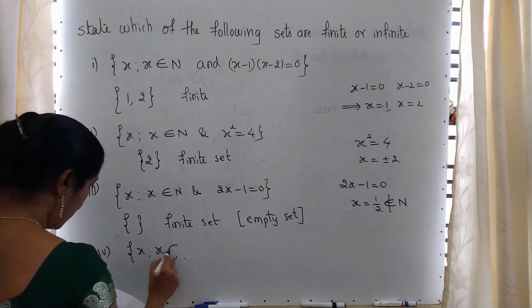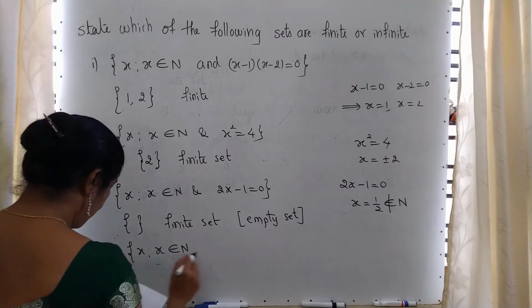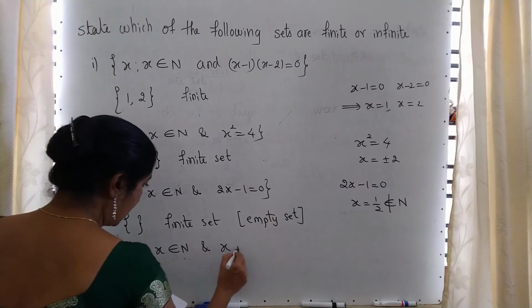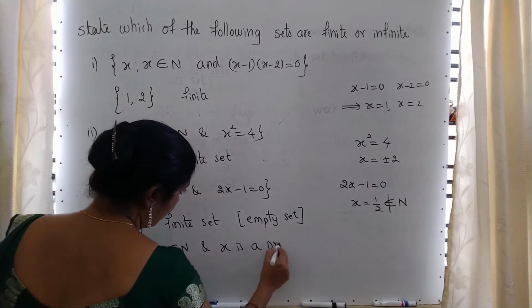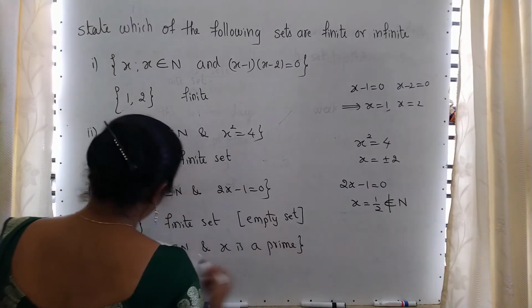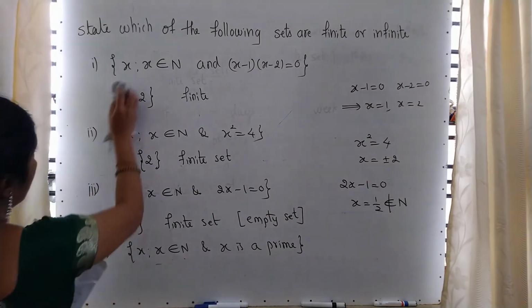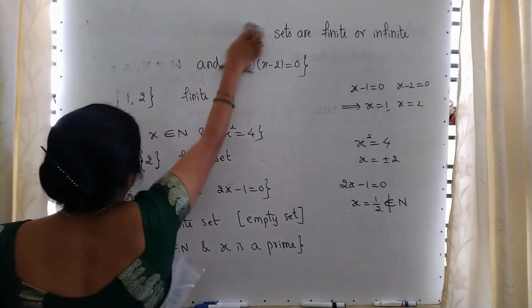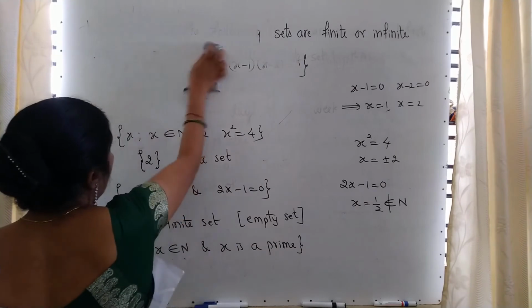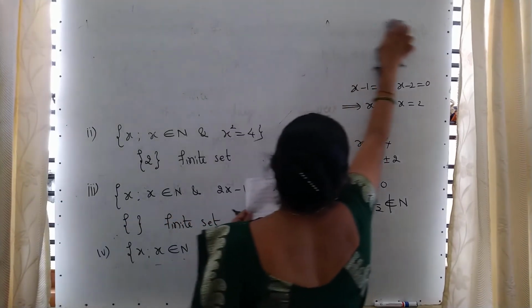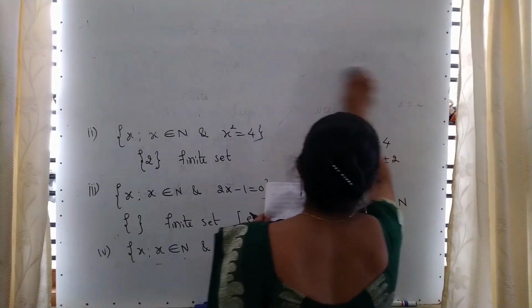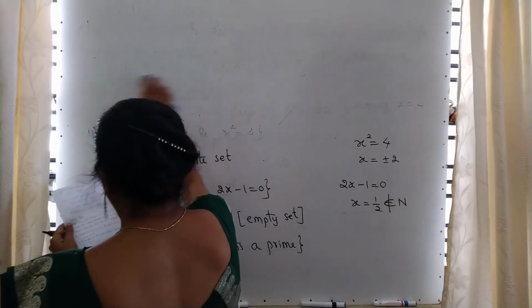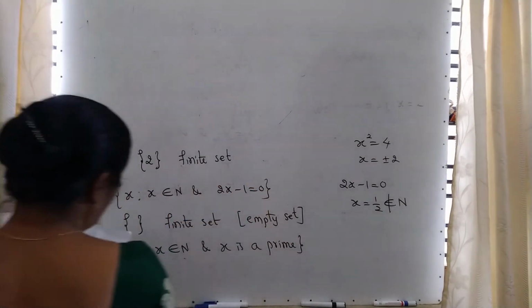X such that x belongs to N and x is prime. In one of the last classes I told you what a prime is. Prime means a number which is divisible only by 1 and itself. But we cannot start with 1. Why? 1 is neither prime nor composite.